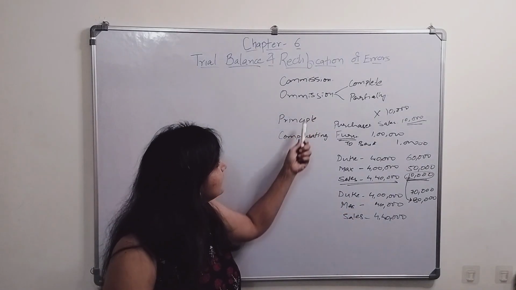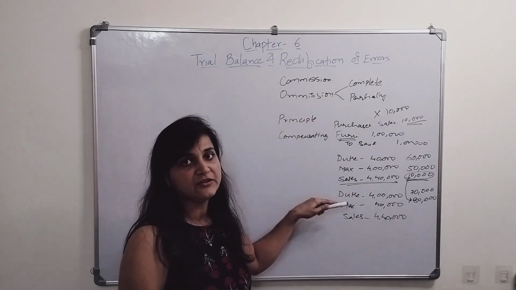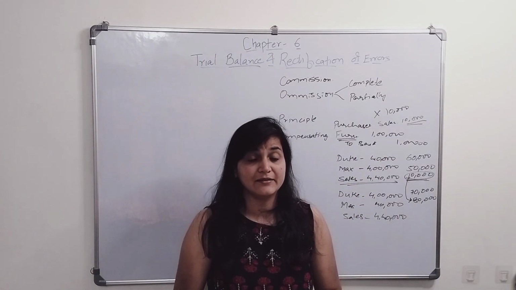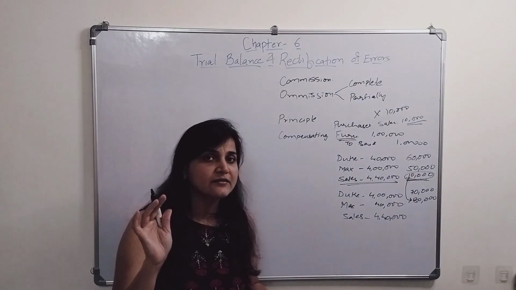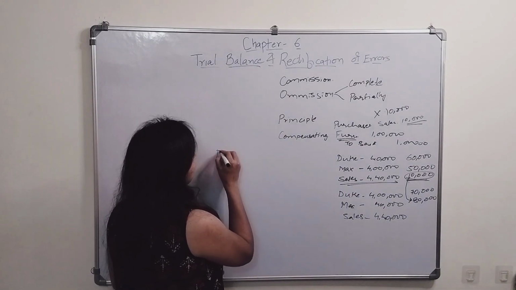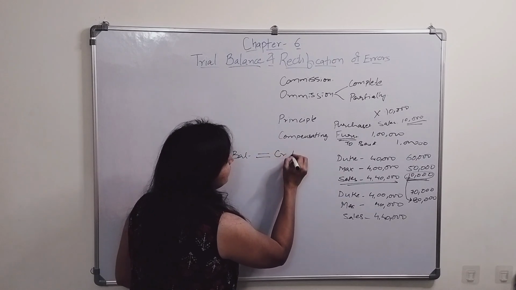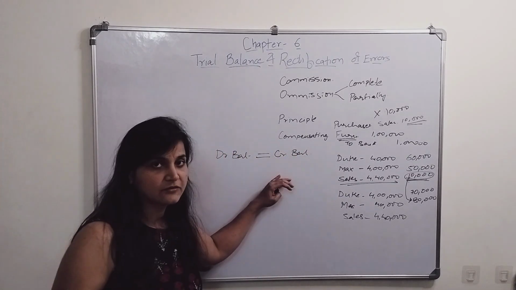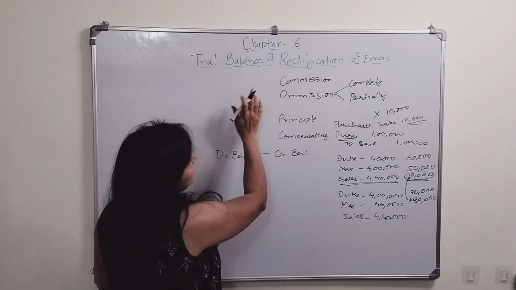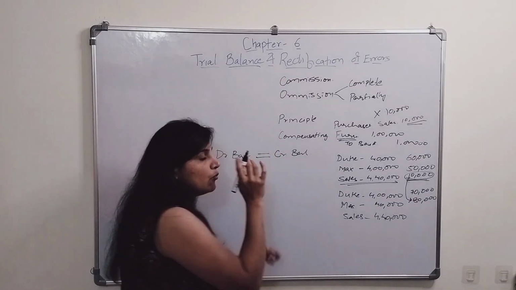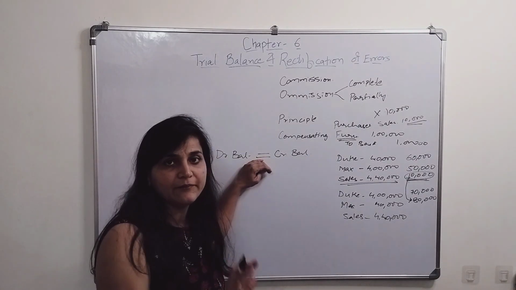Okay, so these errors may affect or may not affect the trial balance. When I say may not affect the trial balance, what does it mean? What is the trial balance? When we prepare it, we say the debit balance will be equal to the credit balance. The debit balance must be equal to the credit balance. But when I say it may not affect, it means that even if I have committed an error, the balances will remain the same.